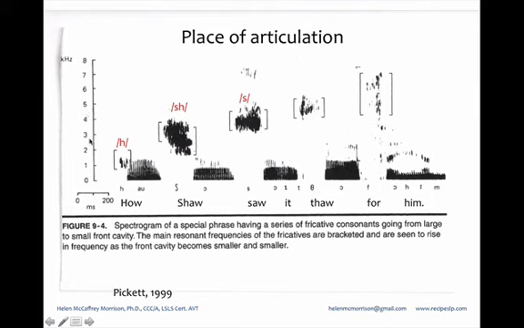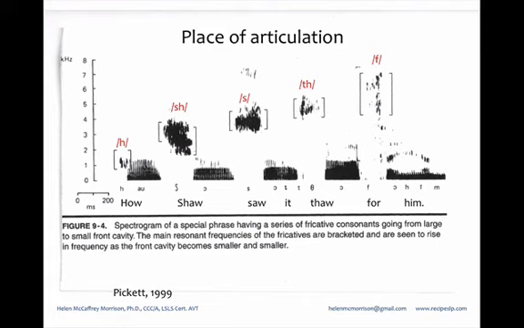We have lower frequency for the velar, moving up in area of greatest energy for sh, moving up even more as we move forward in the mouth for the s, moving up even more as we move more forward for the th, and then moving up even more for the most forward sound.